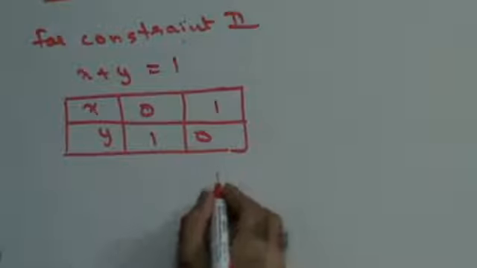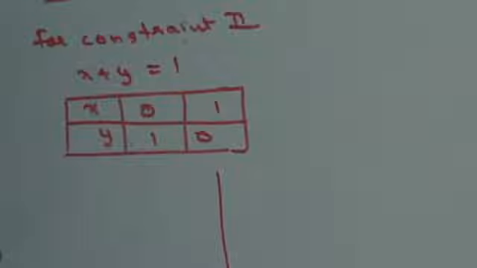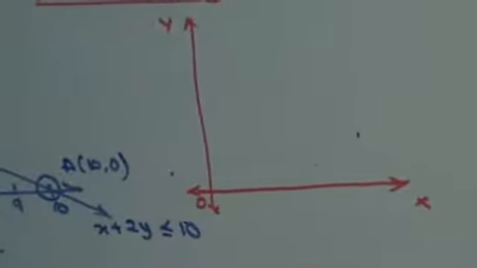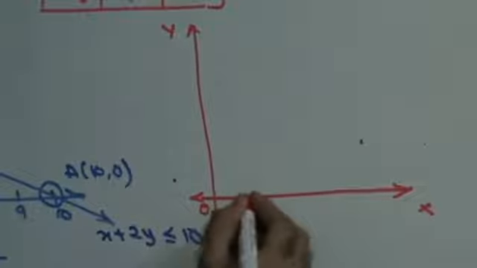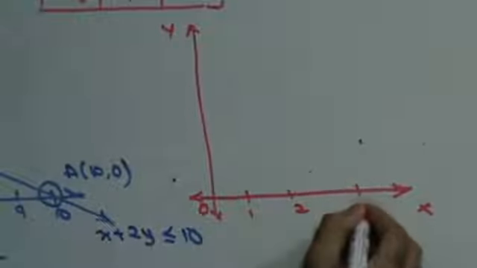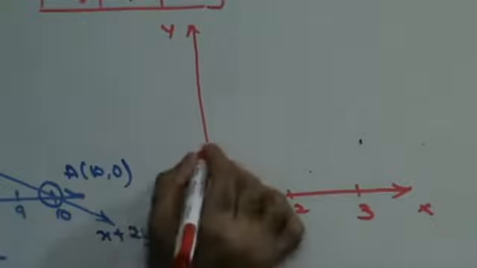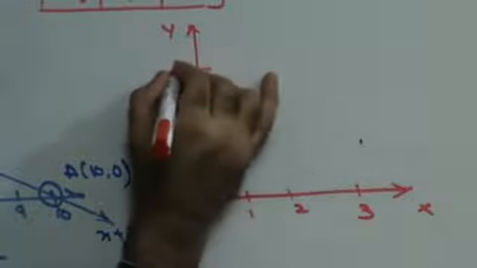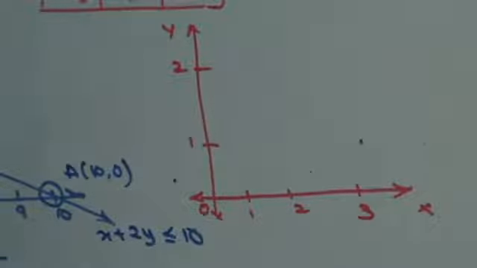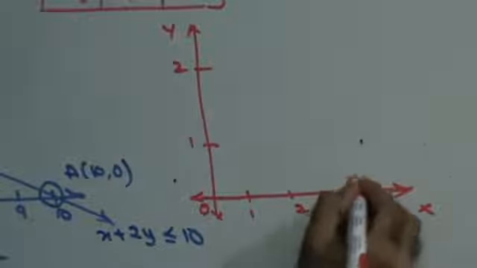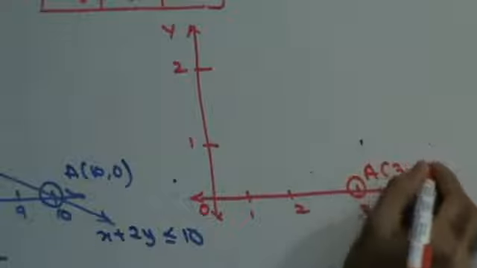Now draw your graph. X-axis, y-axis, origin. On x I need 3, so 1, 2, 3. On the y-axis I need 2, so 1, 2. Now x is 3, so this is going to be the point (3, 0).